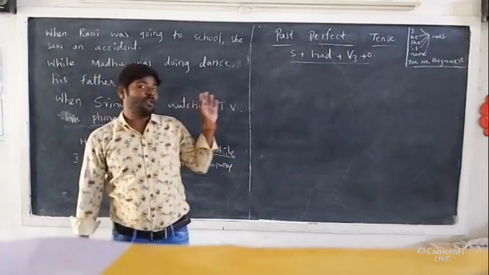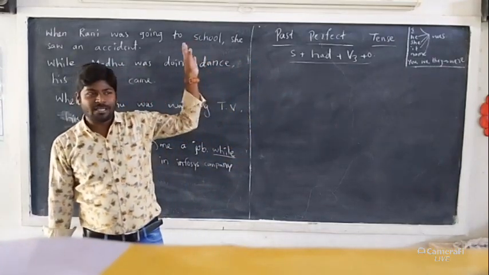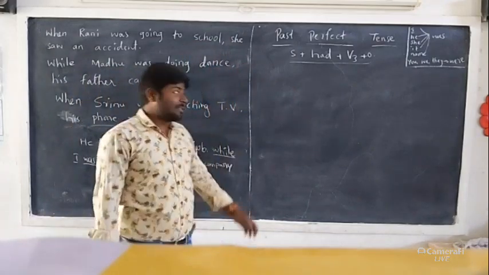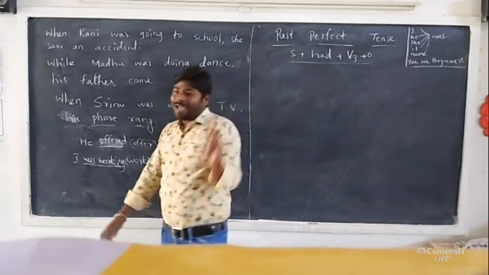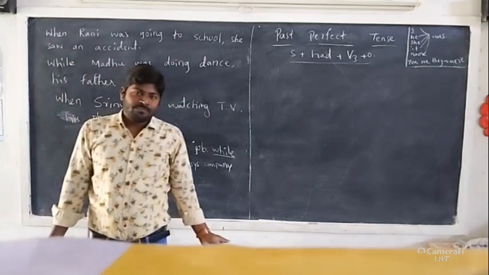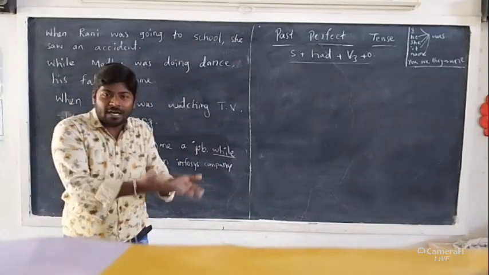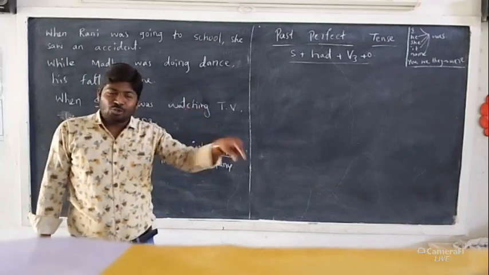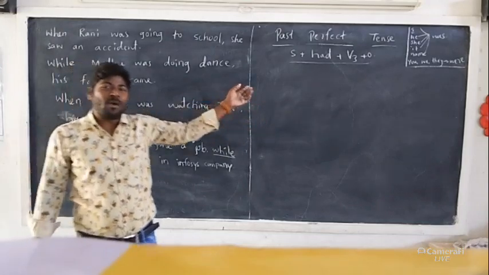One is past continuous: when one action was going on, the continuous action should be in past continuous, and the second action should be simple past. In the same way here, past perfect tense: when two actions happen one after another, the first action should be in the past perfect tense, and the second action should be in the simple past tense.